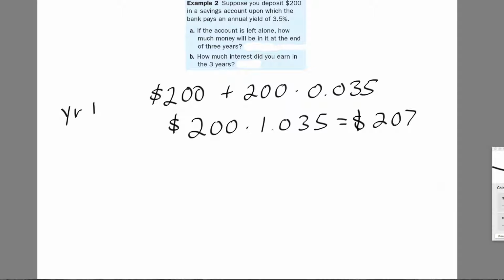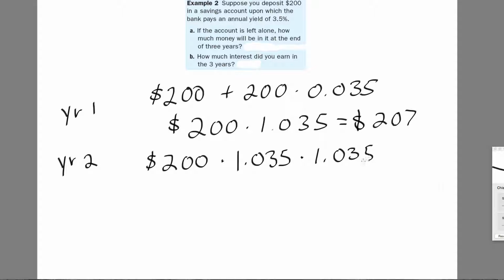So at the end of the first year we had 207, but that's represented by 200 times 1.035. In year 2, we had 207 times 1.035, and I can rewrite that as 200 times 1.035, which equals $207, and I multiplied that result, the 207, times 1.035.